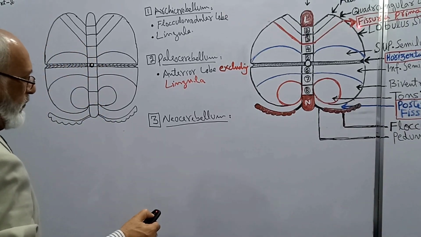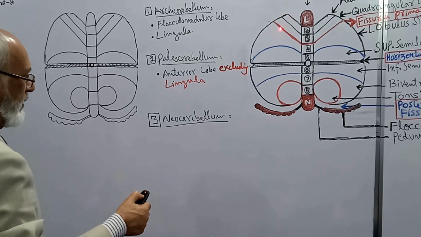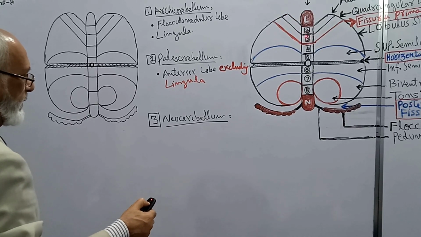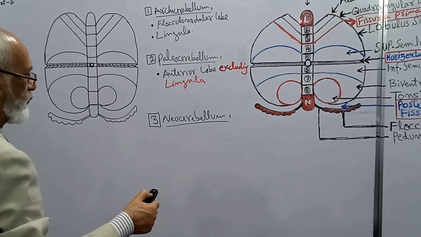The anterior lobe of the gross anatomy up to the fissura prima, but excluding the lingula.